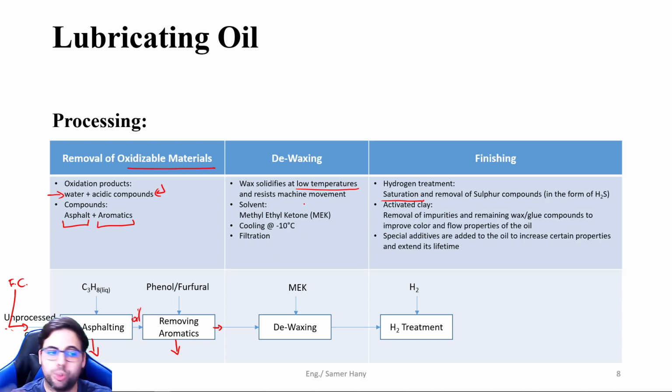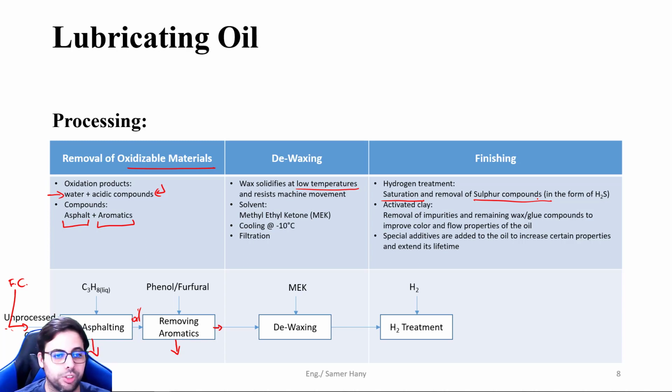So we want to saturate them prior to introducing the oil into our system, so that it becomes more oxidation resistant. Second, we remove the sulfur compounds, because of how sulfur compounds react with other compounds, they will produce acidic compounds.